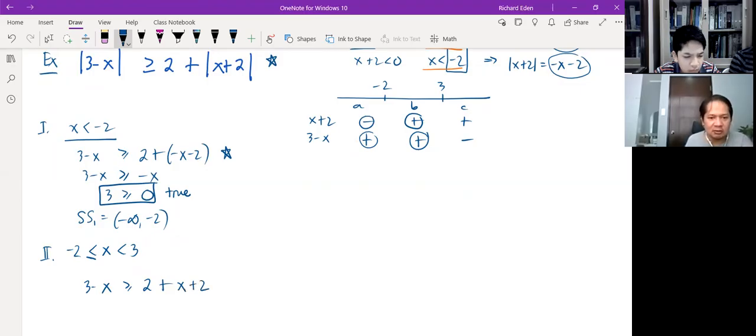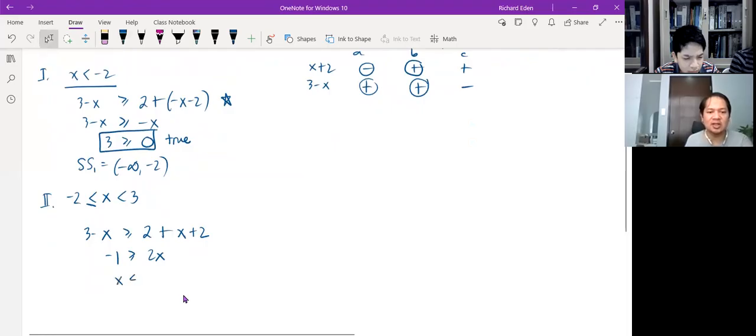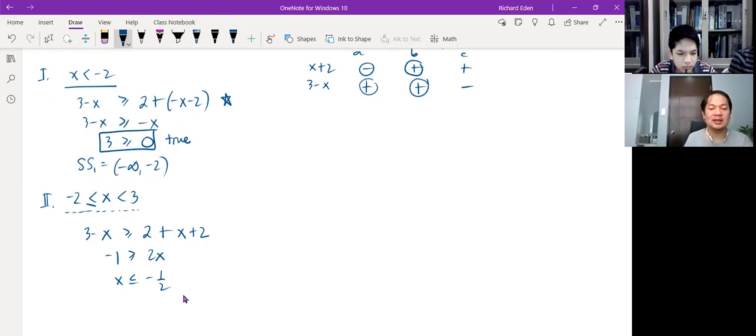Let's solve this inequality. We're going to end up with 2x less than or equal to 3 minus 4, which is negative 1, which means that x is less than or equal to negative 1/2. So what this means is that aside from the assumption that x is between negative 2 and 3, in addition, we have to impose the following condition, that x is less than or equal to negative 1/2.